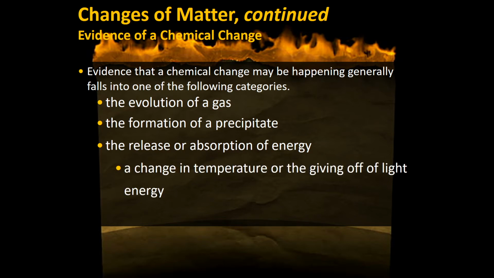So a change in temperature or the giving off of light is a good indication that a chemical reaction occurs. Or a color change in the system. If you see something change colors, it usually indicates that a chemical is being changed.